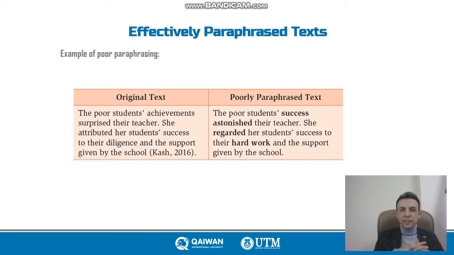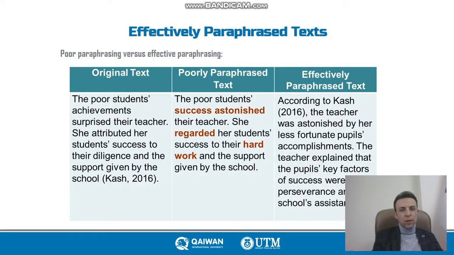But the thing is, this is poor paraphrasing. Why? Because we have chosen only one strategy, which is changing the words. There are other three strategies that we need to apply in order to have a well paraphrased text. So this is an example.